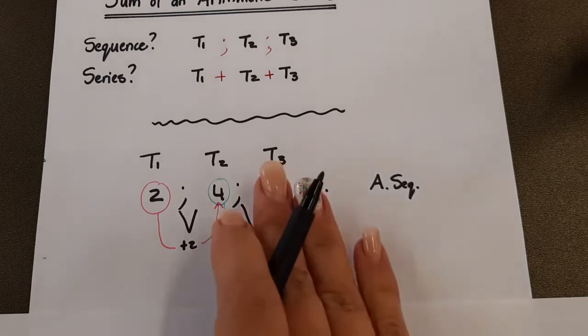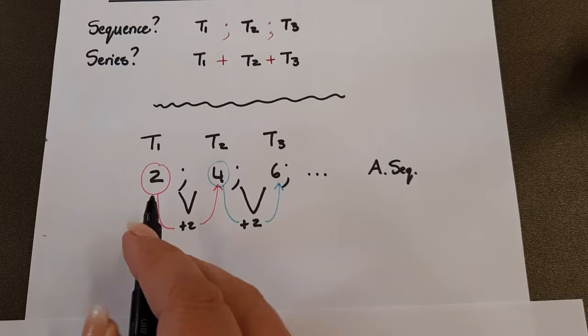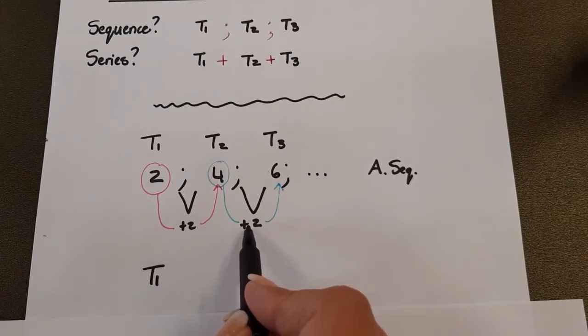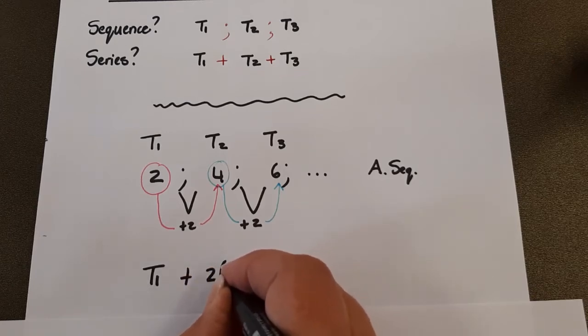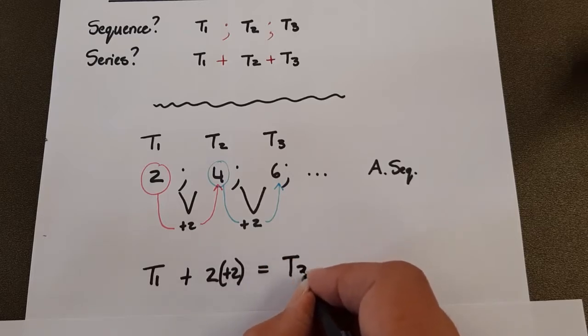So to put it short, if we take term 1, we add the constant difference twice. So it's term 1 plus 2 times 2, and then you get term 3.